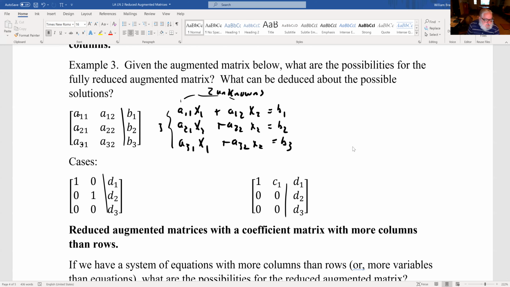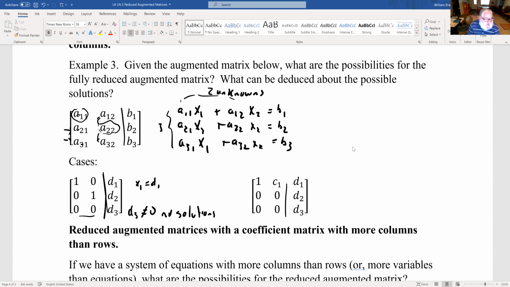So the best case is if you do this and you can get zeros in the bottom. We can use this number to clear out these two. And then once we have this one, we can use that number to clear out this one, and that gives us this. So if d3 does not equal 0, there's no solutions. And that's the most common thing to have happen.